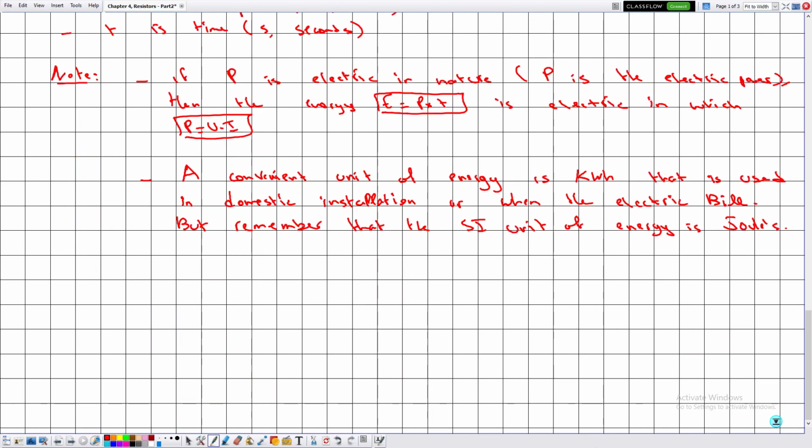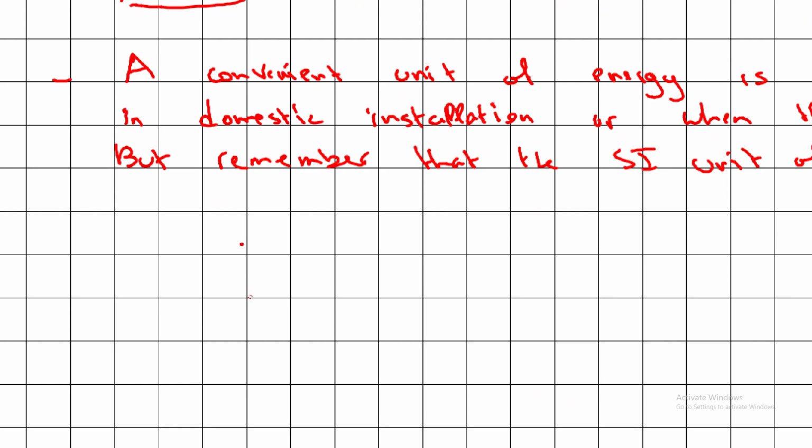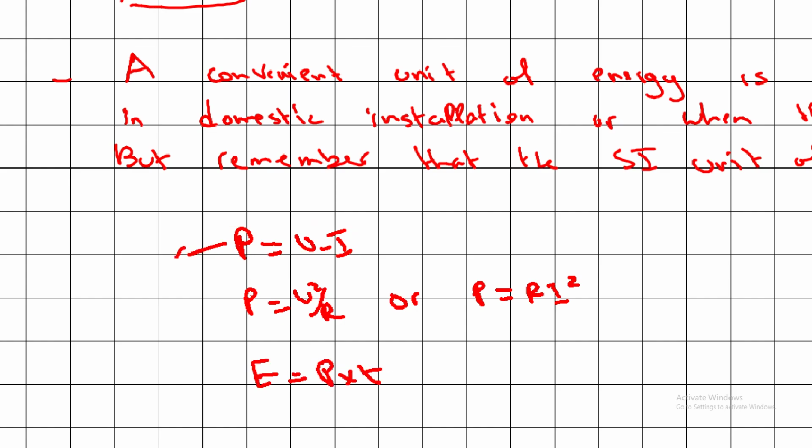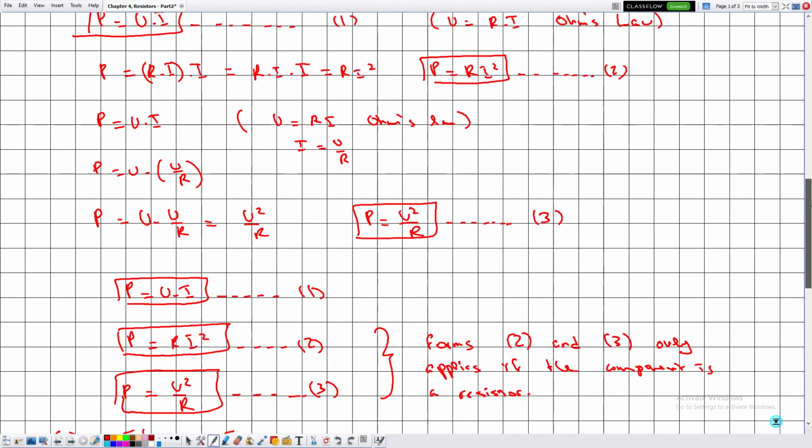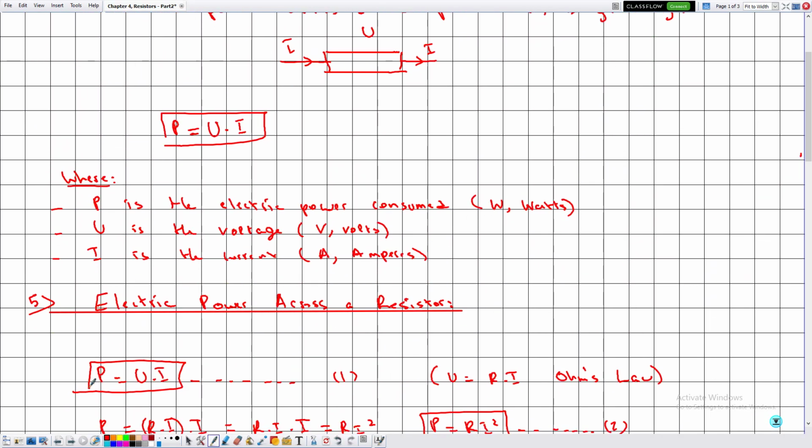So the formulas that we only should consider are that P is equal to U multiplied by I, P is equal to U squared over R, or P is equal to R I squared for a resistor. Also this holds for a resistor, and that E is equal to P multiplied by T. And the unit of power is watt, and the unit of energy is joules, and the SI unit of time is second. All of these are the SI. Okay, so now without further ado, let's solve the following exercise.